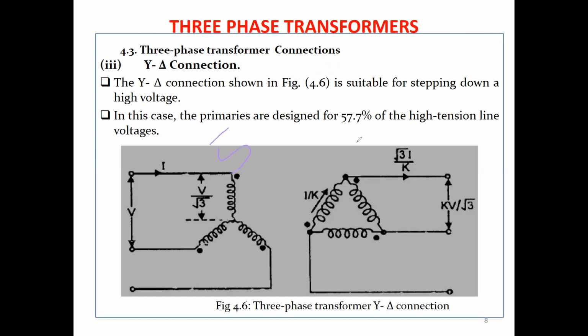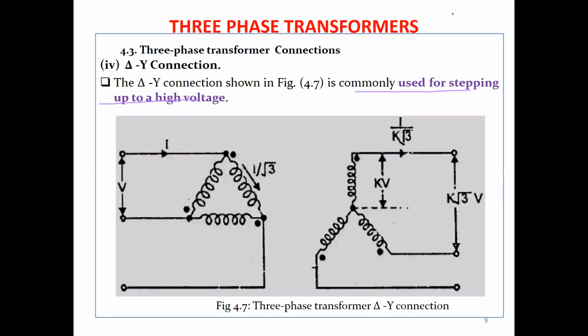So it gives you V over root 3. That is what you see here. So the advantage of a star to delta is that it steps down high voltages.